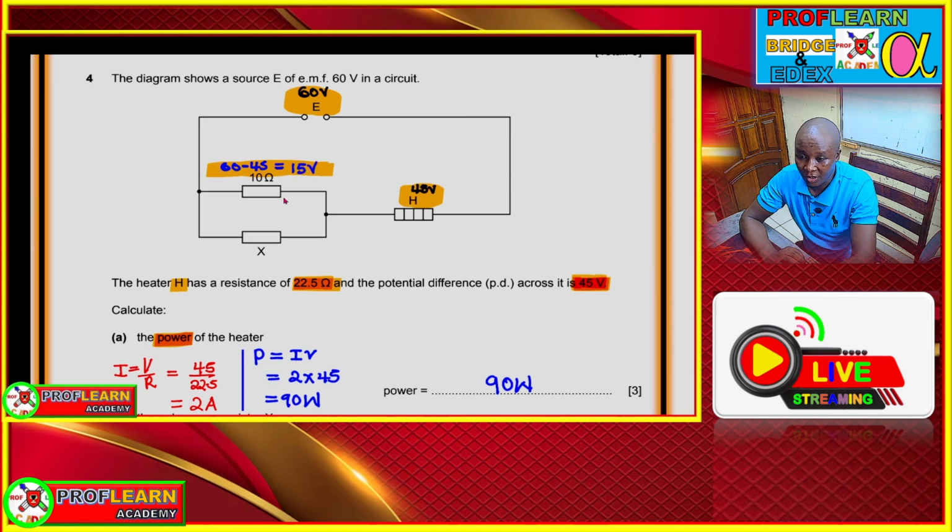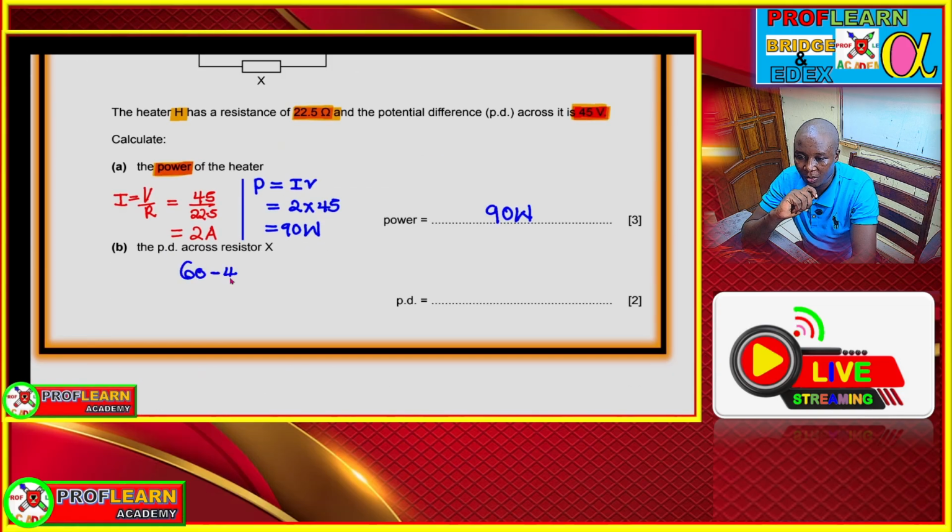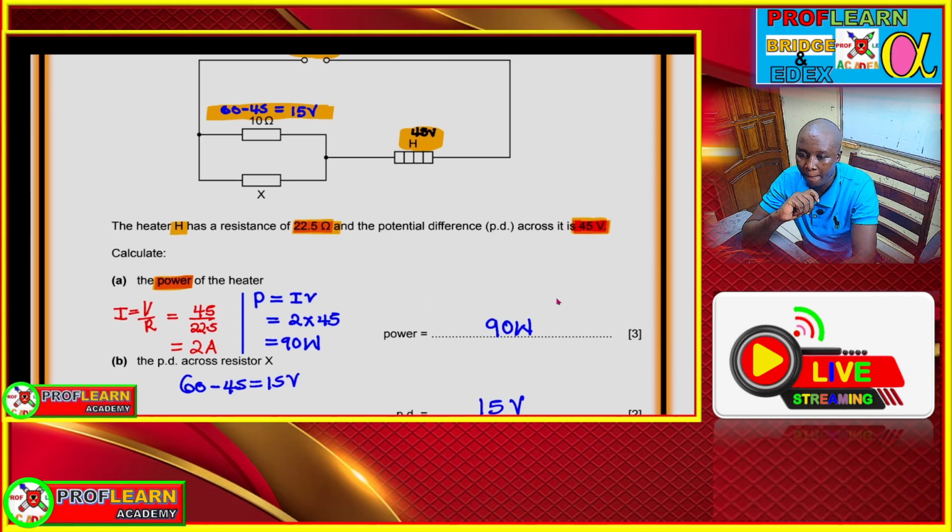So that means that the PD across the 10 ohm resistor is 15, and also the PD across component X is going to be 15 because these two components are parallel. Anytime you have two components which are parallel, they have the same voltage. So in this case, we are going to say PD across X is going to be 60 minus 45, and that is 15 volts there.